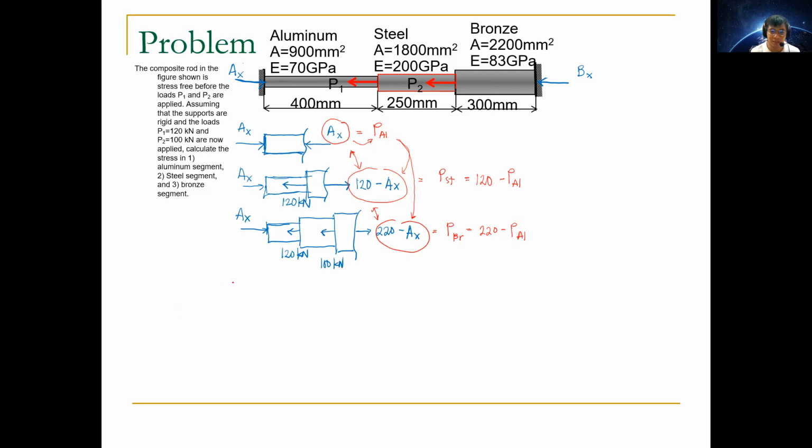So let's try compatibility equations. Since it's restrained, it's fixed, there's no movement.